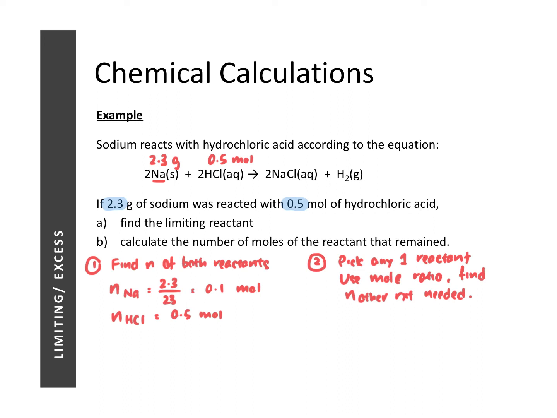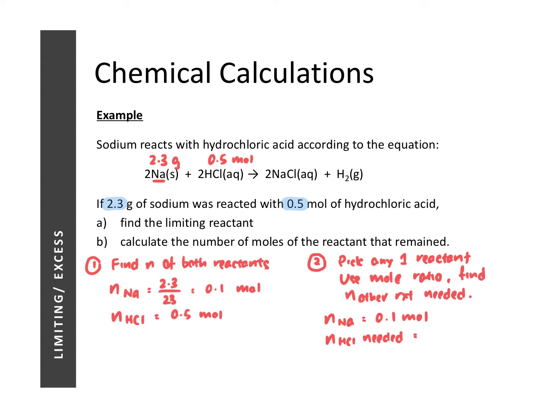So for example, if I were to pick sodium, we have found that the number of moles of sodium is 0.1 mole. I'm going to make use of the mole ratio indicated in the chemical equation to find out the number of moles of hydrochloric acid needed to completely react away my sodium.